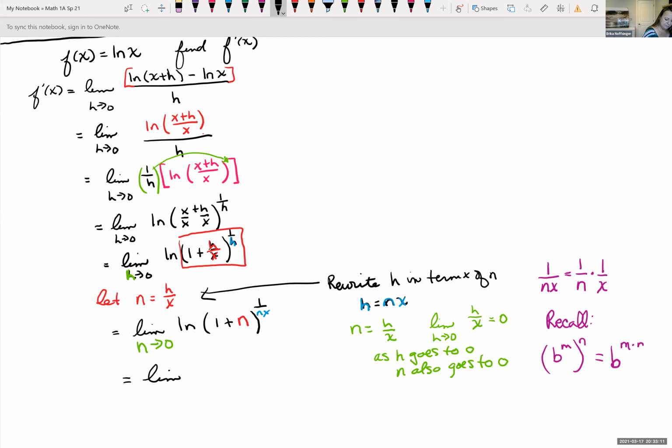So I have the limit as n goes to 0 of the natural log of 1 plus n, raised to the 1 over n, and that is raised to the 1 over x.